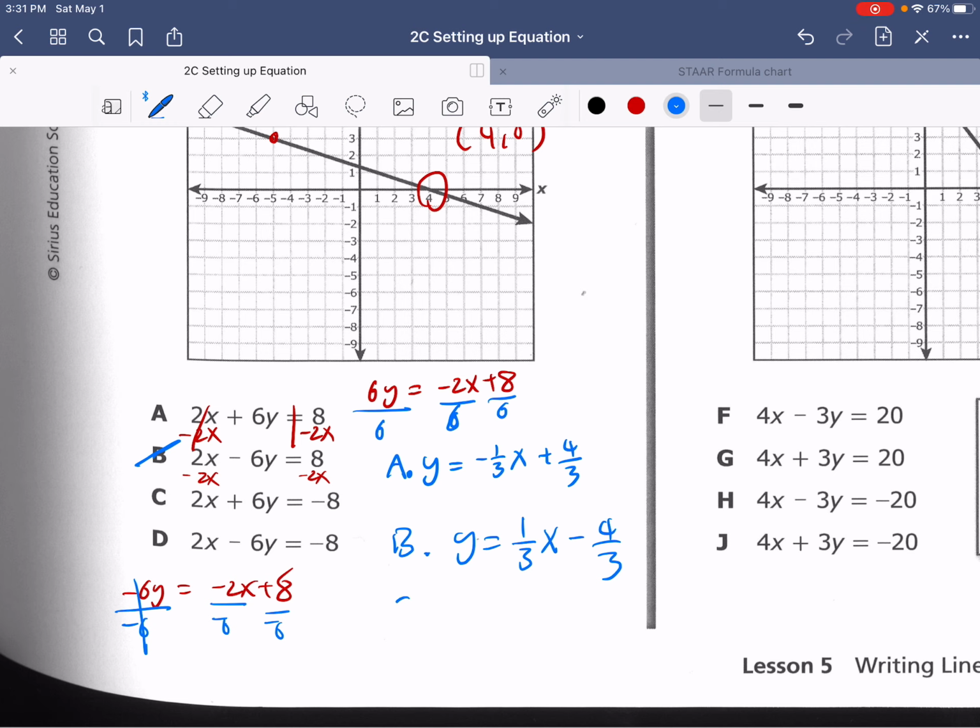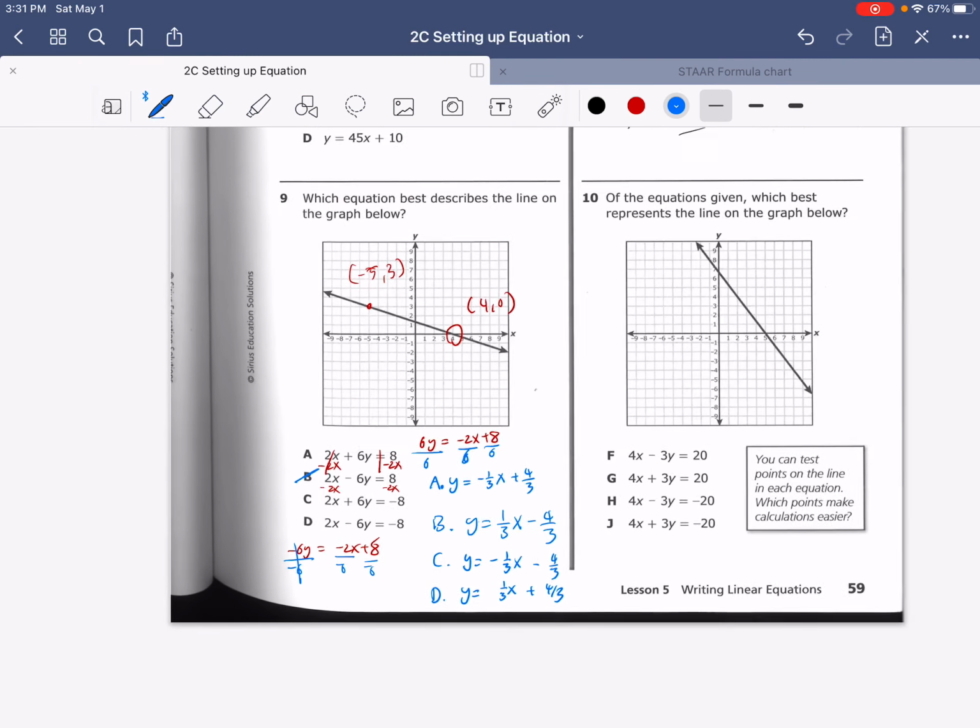Due to time, I'll just do mental math, okay? C is y equals negative 1/3 x minus 4 over 3. And D is going to be y equals positive 1/3 x plus 4 over 3.